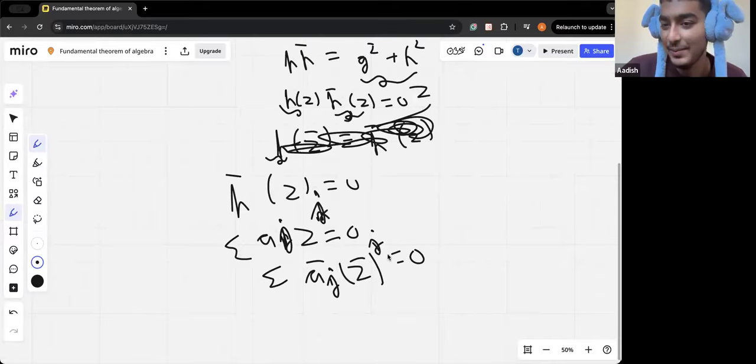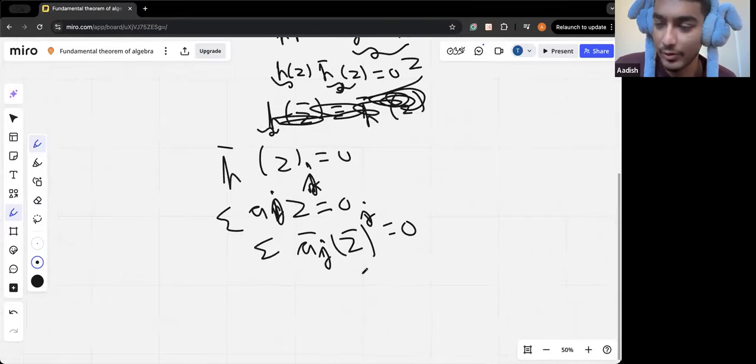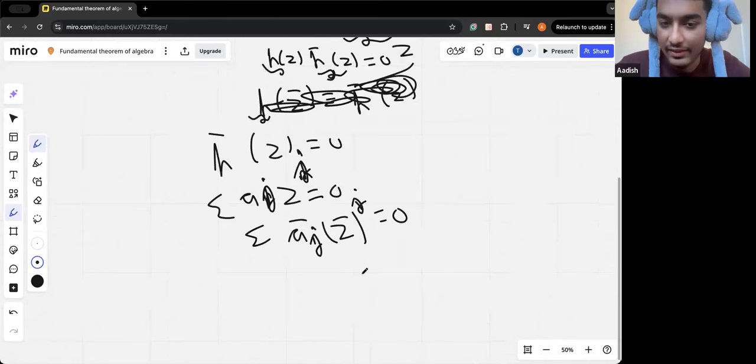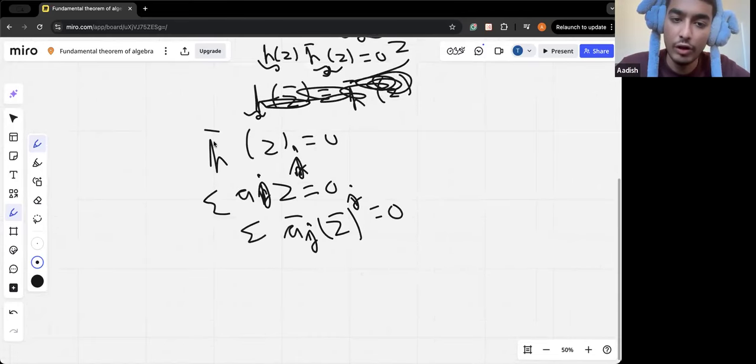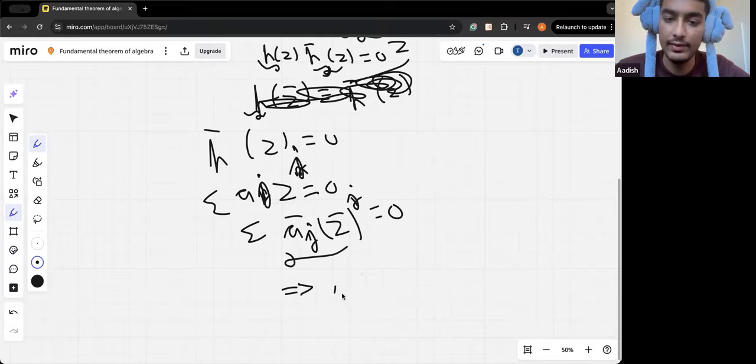It's j. Good. Now, electrical engineers will come and tell me j is also the imaginary unit, but no one cares about them. So the point is, if the coefficients of P conjugate are a_j, then the coefficients of P are a_j conjugates. And summation a_j conjugate z conjugate to the j being 0 is the same as P of z conjugate being 0. Is that clear?